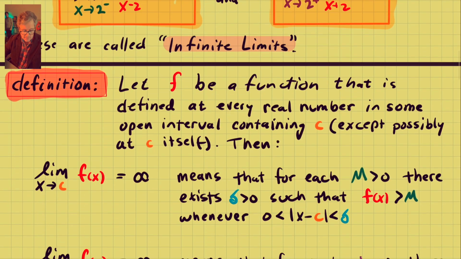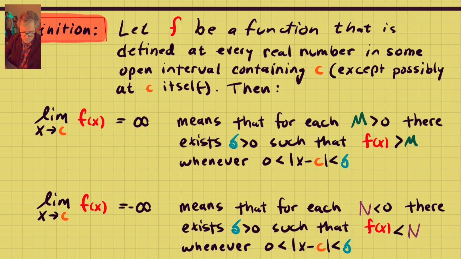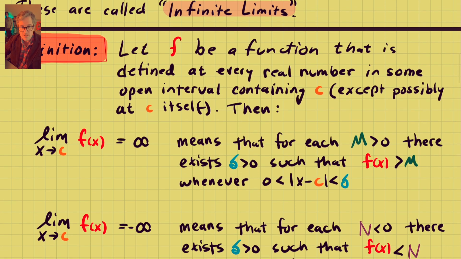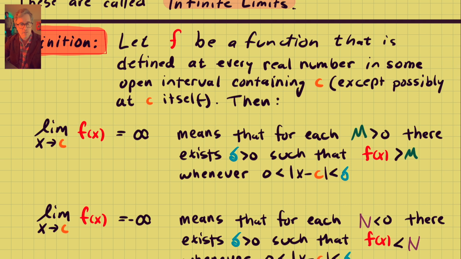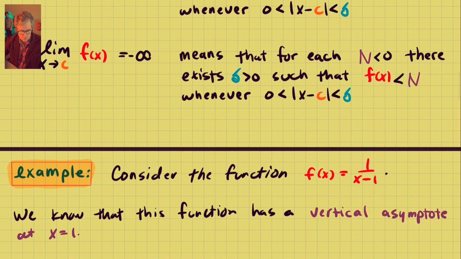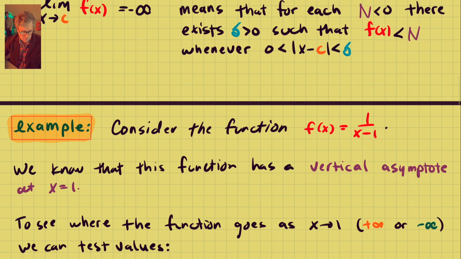So that's the idea behind the definition for infinite limits. It's a similar concept to the epsilon-delta proofs in the normal limit definition, but adjusted because this is a different thing, right? Okay, very good. Let's go ahead and move into some examples.